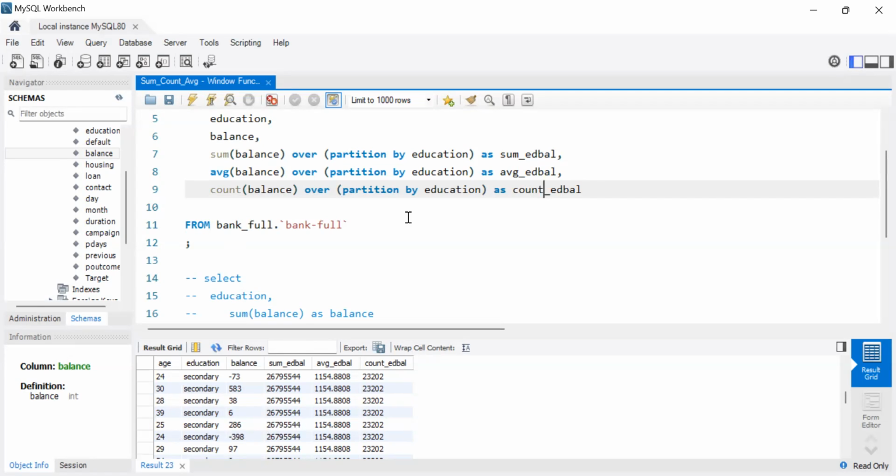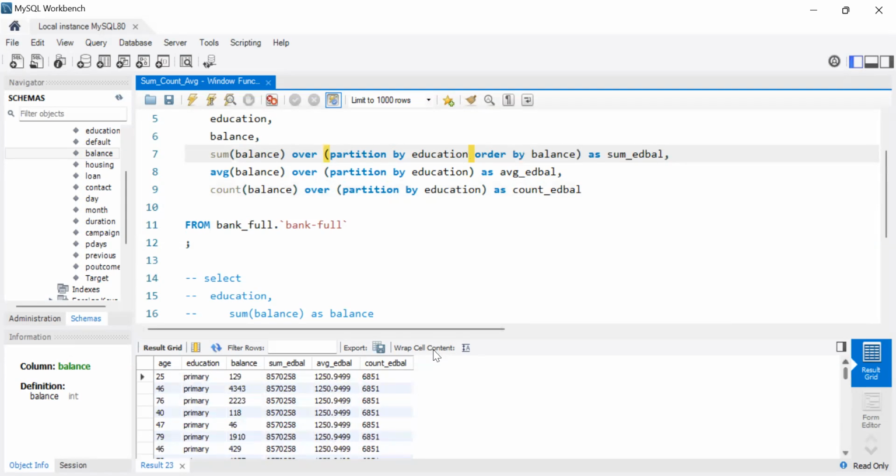Oh, no. Actually, let's do one more thing. So partition by education, you could also order by anything. You could order it by date, but in this case, let's order by balance. So let's pay attention.